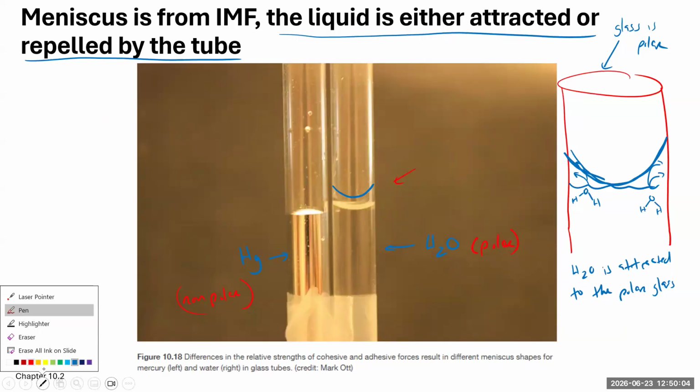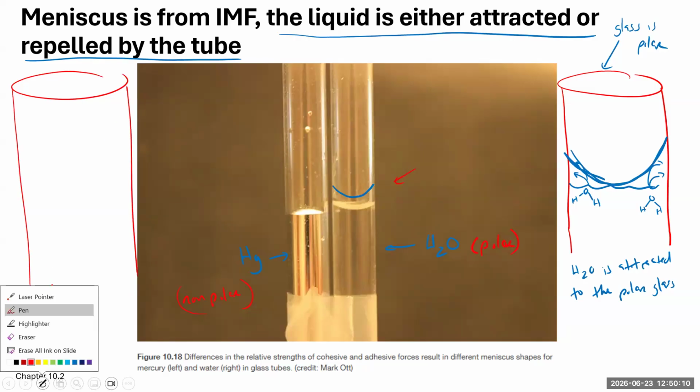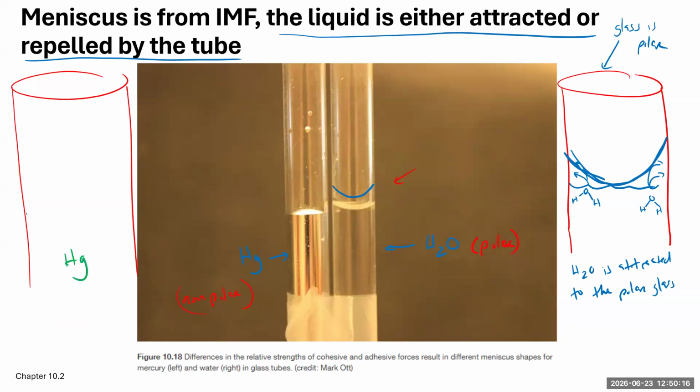Let's do the mercury now. Mercury is on this side, on the left side. Mercury is non-polar. Let's do green. So mercury, right? What's happening here is mercury is like, you know what? I want to stay away from that glass.